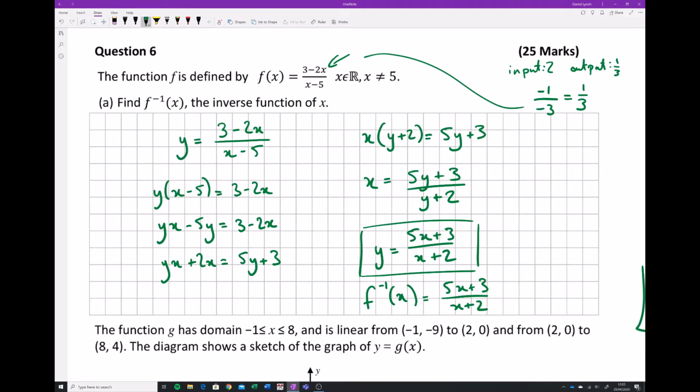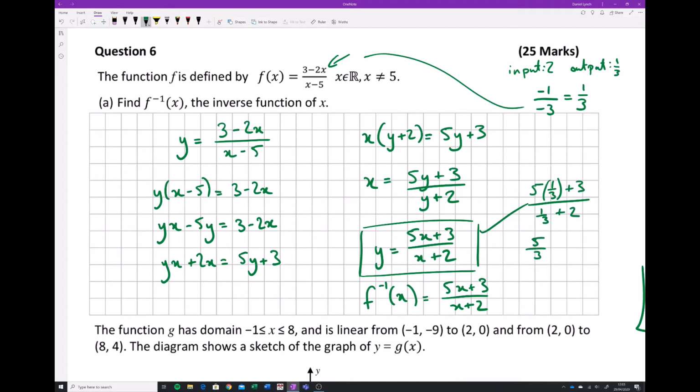So it should now be the case that if we go down to our inverse function, whichever one it is, they're both the same, if we input 1/3, we get out 2. And if we don't get that, this definitely isn't the inverse function. So let's do that. 5 times 1/3 plus 3 over 1/3 plus 2.